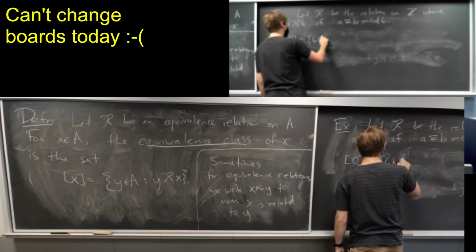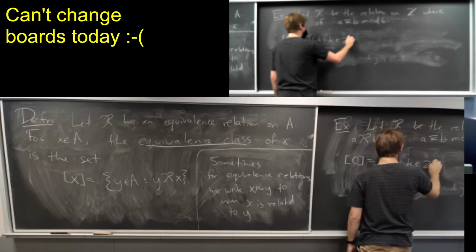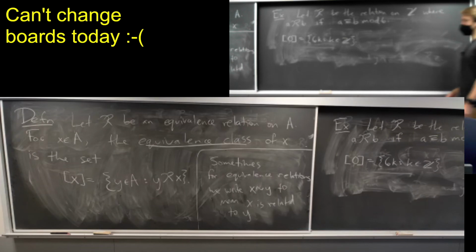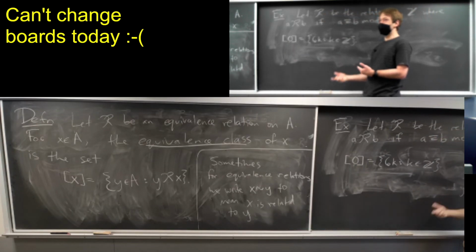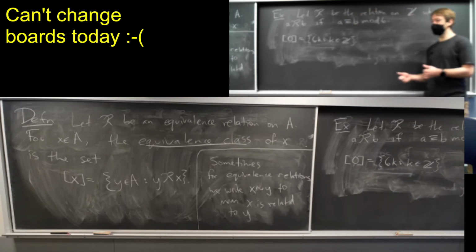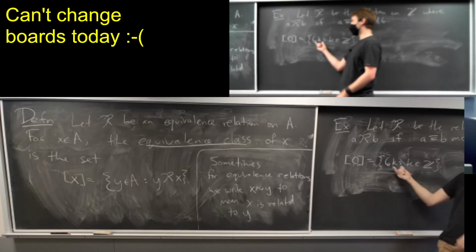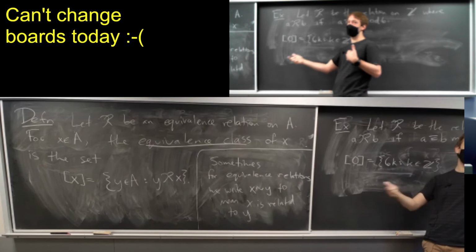Maybe the formal way of doing it is to say it's all the numbers 6k, where k is an integer. Because if you think about it, when you divide 0 by 6, the remainder is 0. The things related to 0 are the things congruent to 0 mod 6, which means they have the same remainder as 0. So it's all the things that have a remainder of 0 when you divide by 6, which is the same thing as saying it's the multiples of 6.